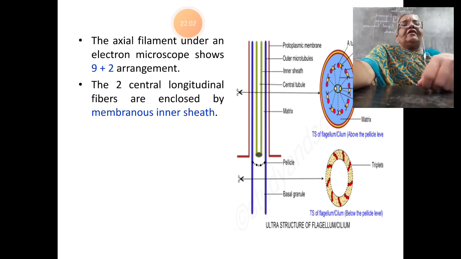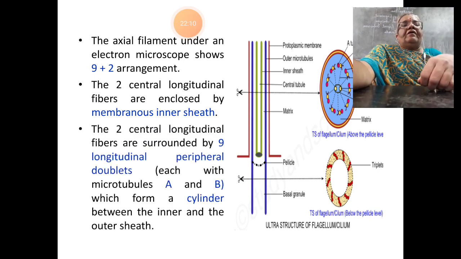Then the two central fibers are surrounded by 9 longitudinal peripheral doublets. You can count them, they are exactly 9, and each unit has 2 subunits, therefore you use the term doublets. In cilia, at some places you find triplets instead of doublets. That is one little difference, you can see in the third diagram.